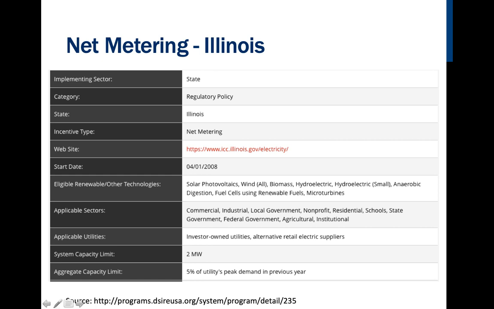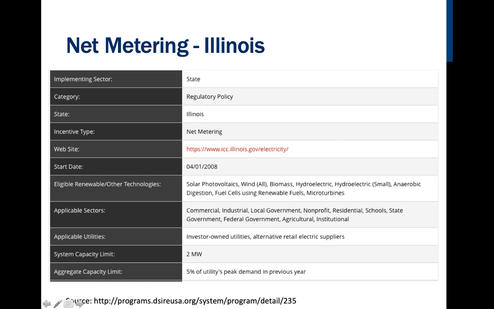And then what sector? Commercial, industrial, local government, nonprofit, residential, school, state government, federal, ag, institutional. Let's see, investor-owned utilities, alternative retail electric suppliers.